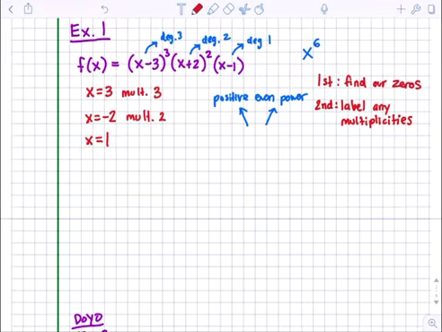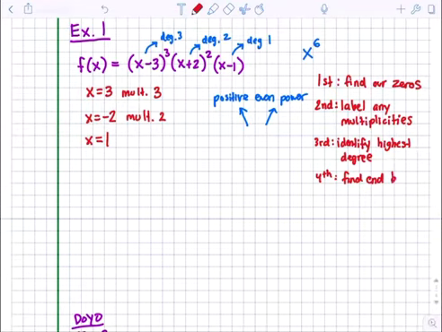So, label any multiplicities. The third is to identify highest degree. And the fourth step would be to find end behavior.